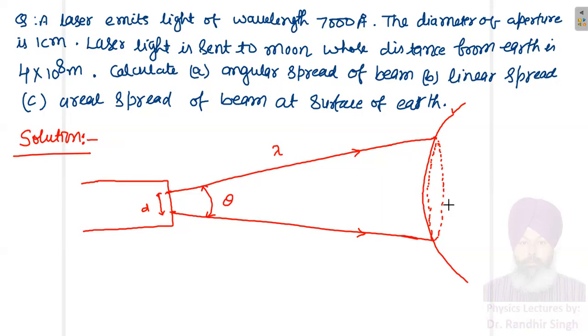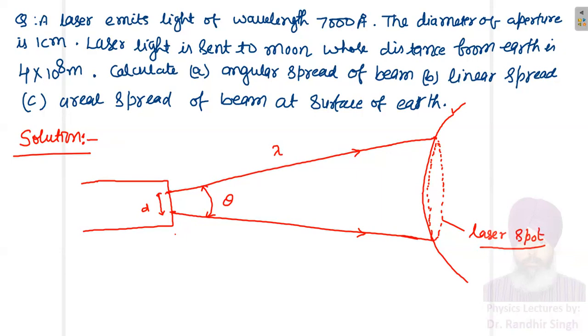This dotted line represents the laser spot. Since the surface of the moon is not flat, this laser spot will also not be flat. Although I have shown it to be just a truncated cone, actually it will not be the case.